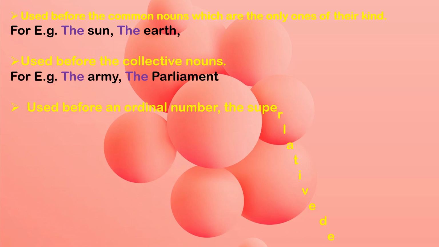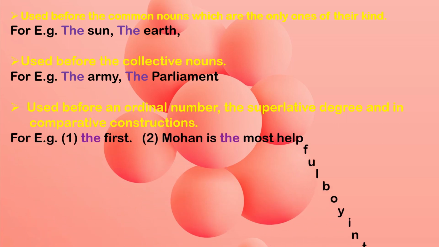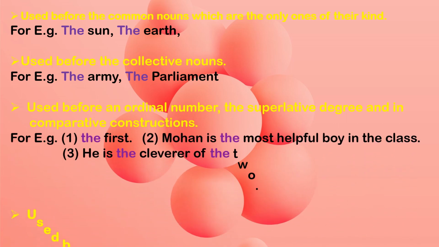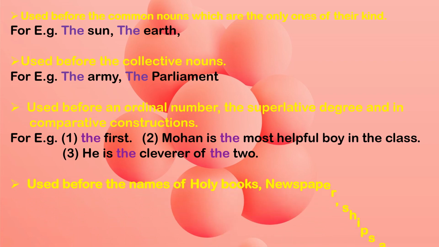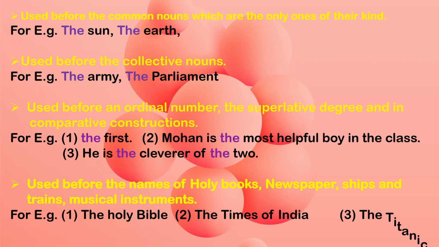"The" is used before the common nouns which are the only ones of their kind. So it is also used before common nouns which are of only one kind, children. For example, the sun, the earth, the stars, the sky, the east. So these are all common nouns, but they are of only one kind, so before them we use "the".